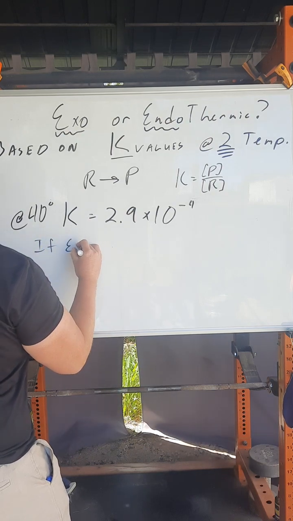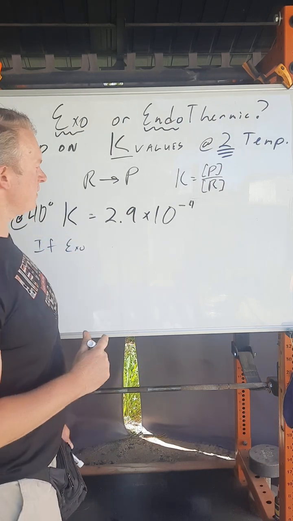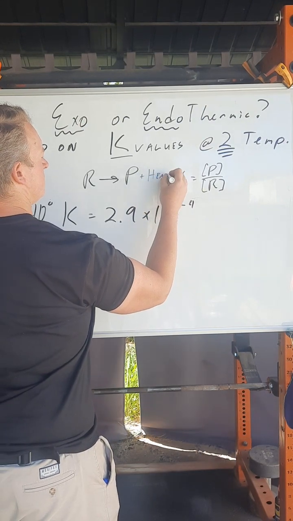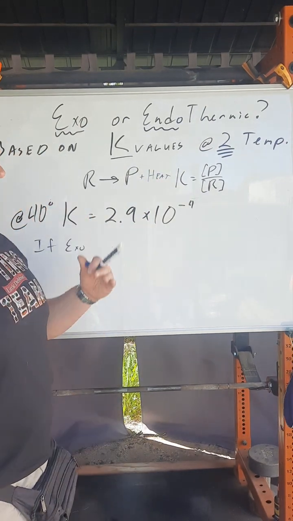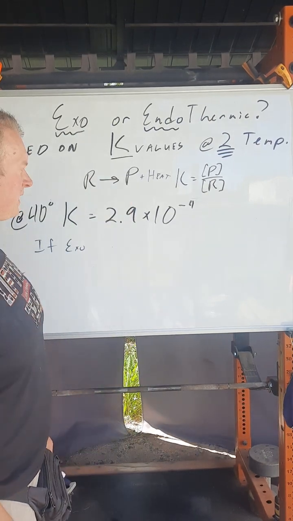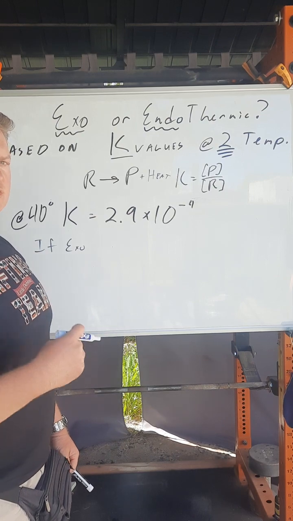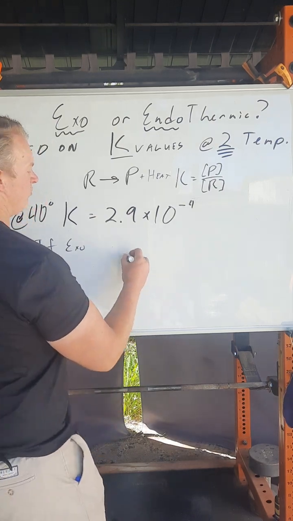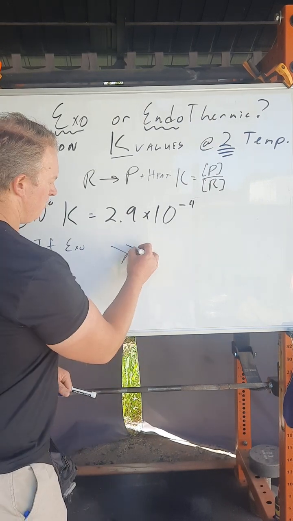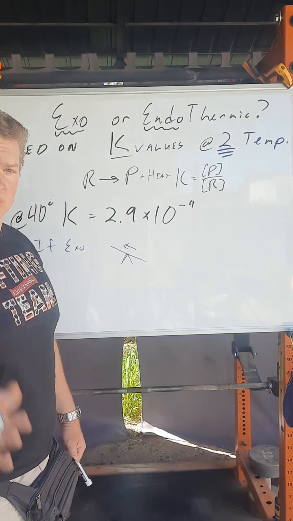So right now, let's just recognize that 10 to the negative 14th is a smaller capital K value. If this is an exothermic reaction, heat is a product. When we increase the temperature of an exothermic reaction, more reactants will be produced.